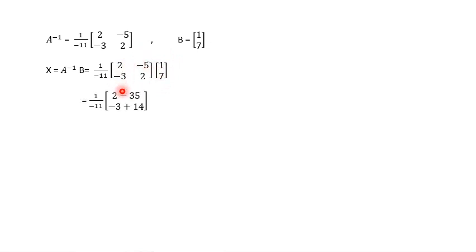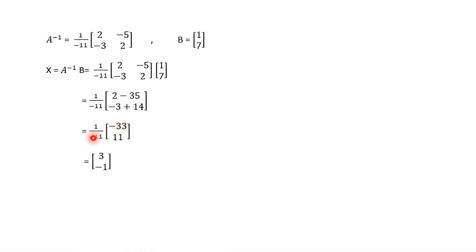So, first row into first column: 2 into 1 plus minus 5 into 7, that is 2 minus 35. Second row into first column: minus 3 into 1 plus 7 into 2. So, we will get like this. 2 minus 35 is minus 33. Minus 3 plus 14 is 11.